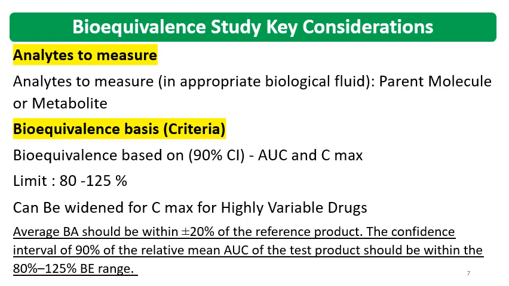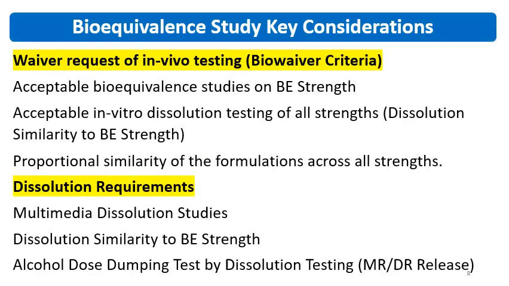It has some statistical calculations, and based on that it goes from 80 to 125. The 90% confidence interval of the relative mean of AUC of the test product should be within the 80 to 125 BE range of the reference product. So this is the BE criteria.